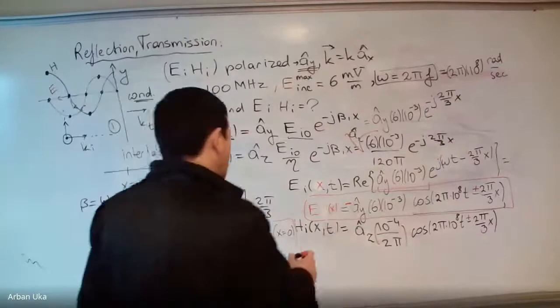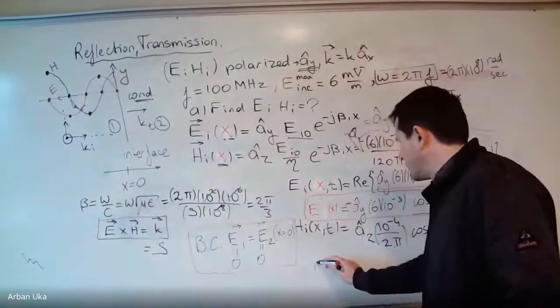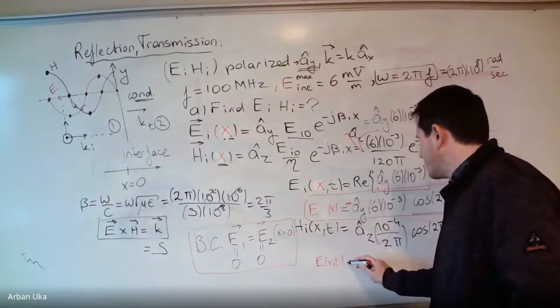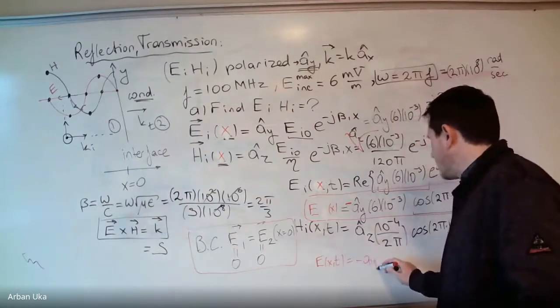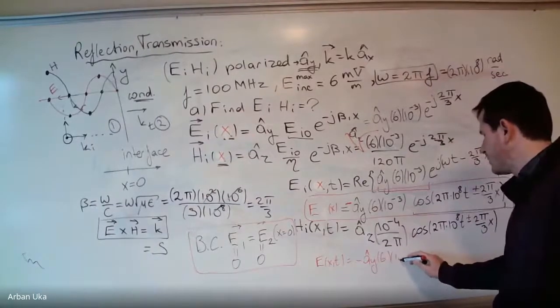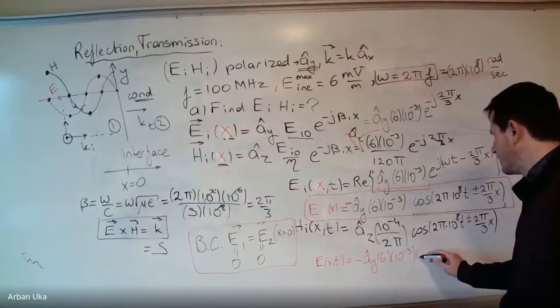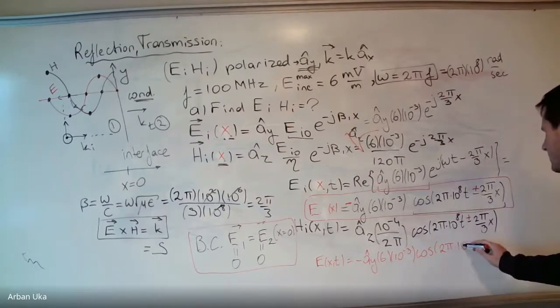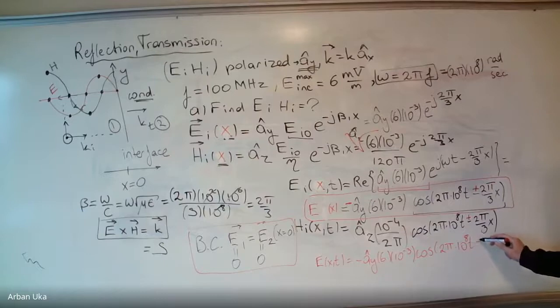So it's best if we write this one completely. The reflected wave, as a function of x and time, is going to be equal to minus a_y times 6 times 10 to the power minus 3 times cosine of 2 pi times 10 to the power 8 t plus 2 pi over 3 x.